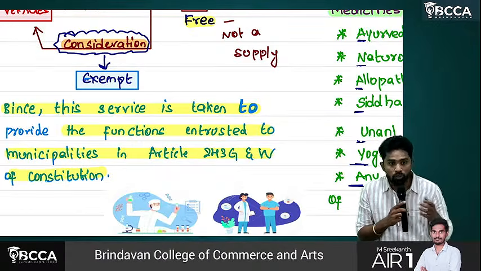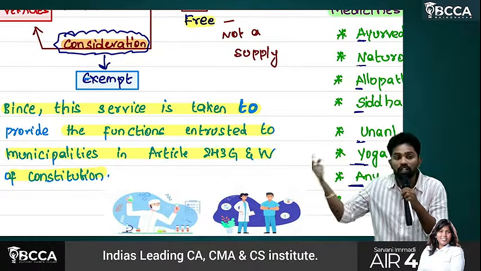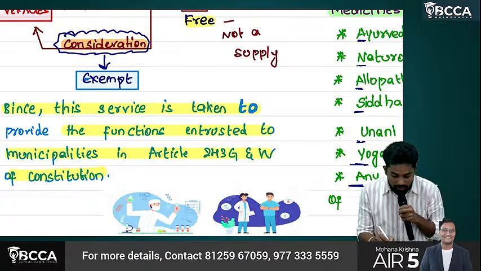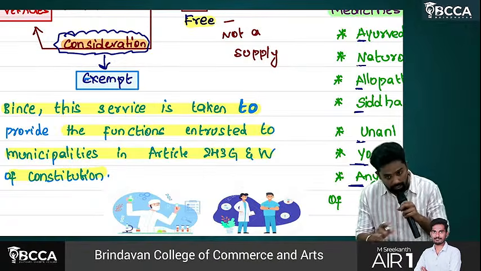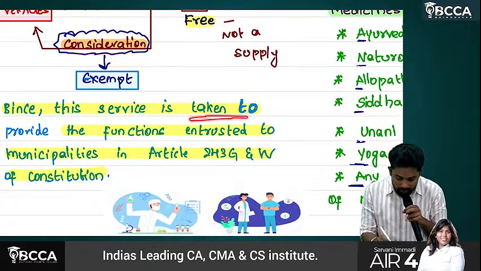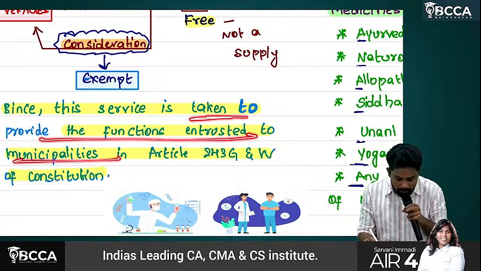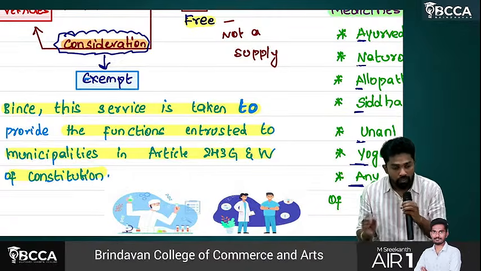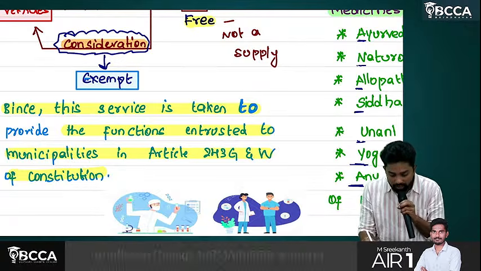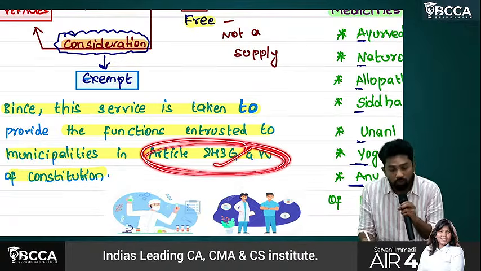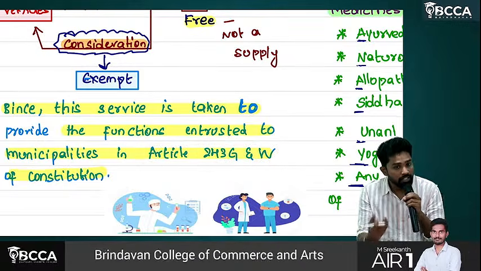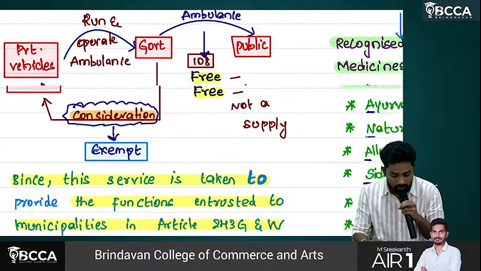So to lay roads, if they take any service from a contractor, that service is also exempted. This is not just for healthcare. Anything, sir. Service taken to provide functions entrusted to municipalities in Article 243G and 243W of the Constitution. To discharge their functions mentioned under these two articles, if the government takes any inward services, all those are exempted.